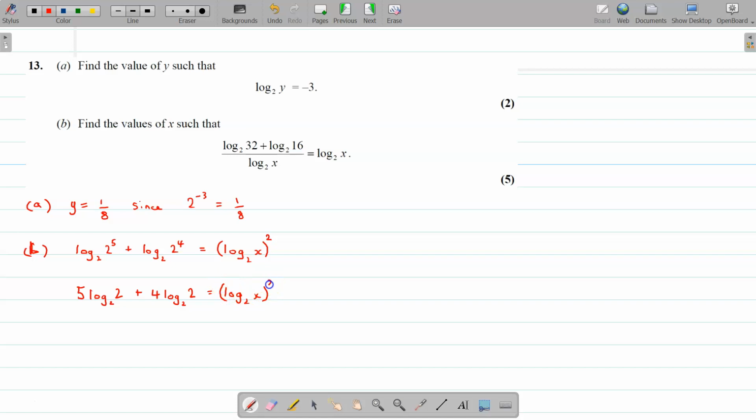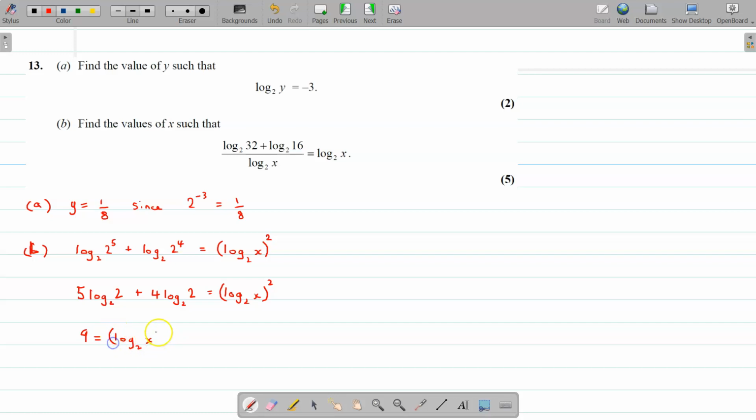Well, that's obviously 9 log to base 2 of 2. Now, of course, log to base 2 of 2 is 1, so this left-hand side is just 9. So 9 is the square of log to base 2 of x.